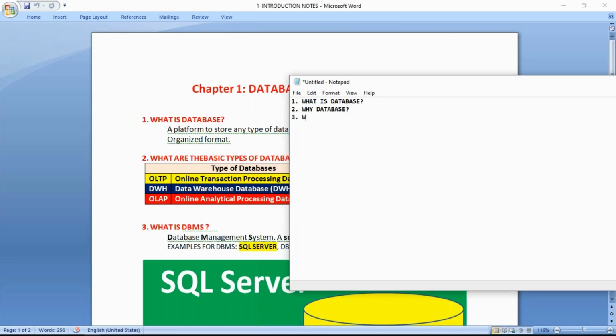Then what are the types of databases. And then what is SQL, then what is MS SQL. Number 6, we are going to learn job roles: what analysts will do, what developers will do, what engineers will do, what administrators will do, etc. And we'll stop here today.